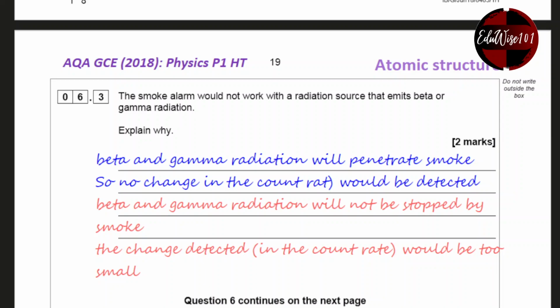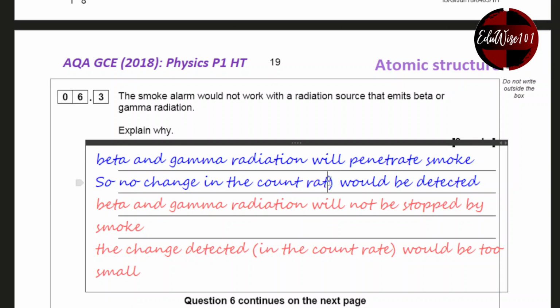Beta and gamma radiation will penetrate smoke, so there won't be a change in the count rate. Or you could say beta and gamma radiation will not be stopped by the smoke, and the change detected in the count rate will be far too small.